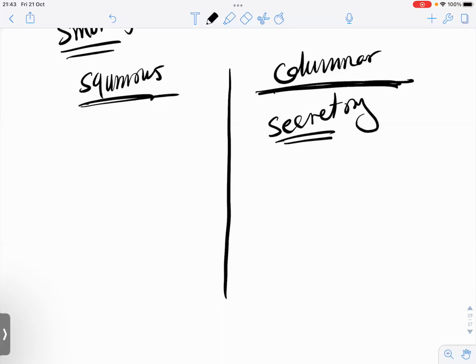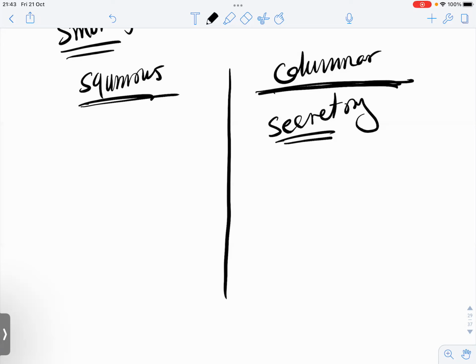In the stomach or intestine, the tissue secretes a lot of enzymes, a lot of mucus. Inside the stomach, the tissue secretes mucus to protect the stomach against HCl. So the epithelial tissue in the stomach is columnar. Maybe you ask if squamous epithelial tissue is stronger than columnar, why does the stomach have columnar epithelial tissue?